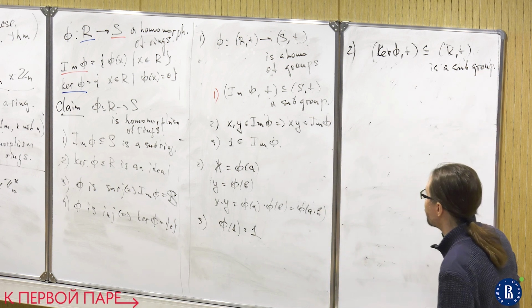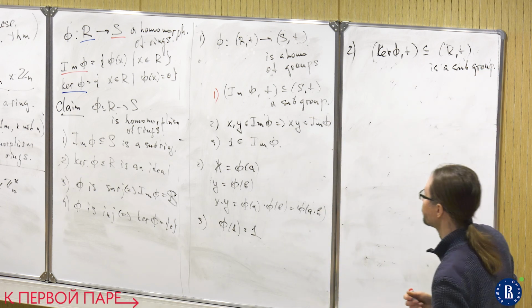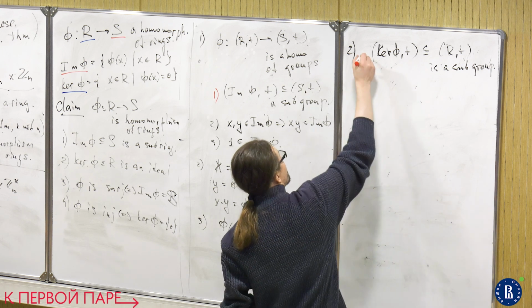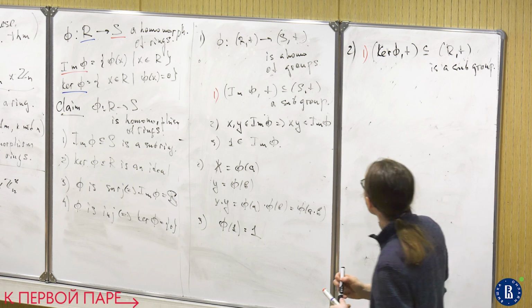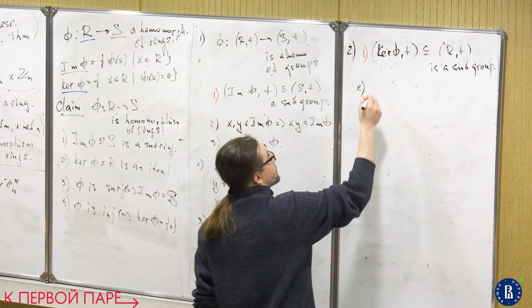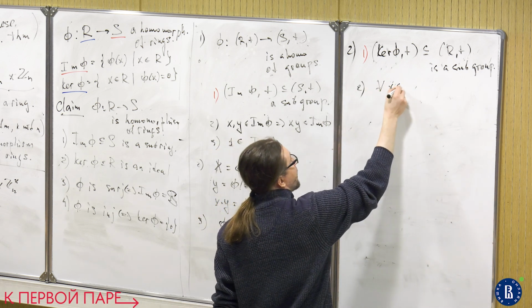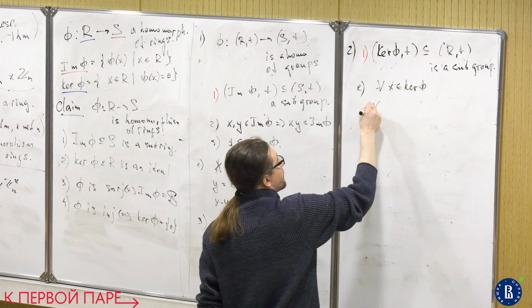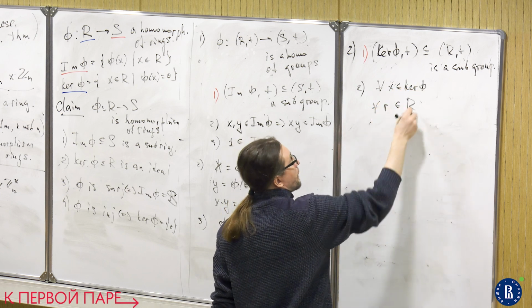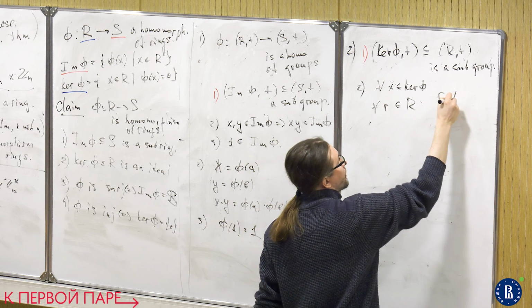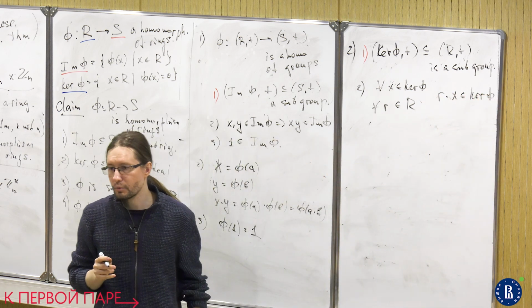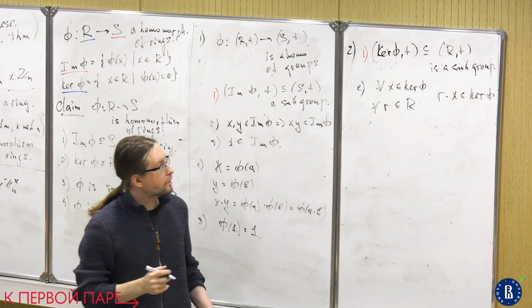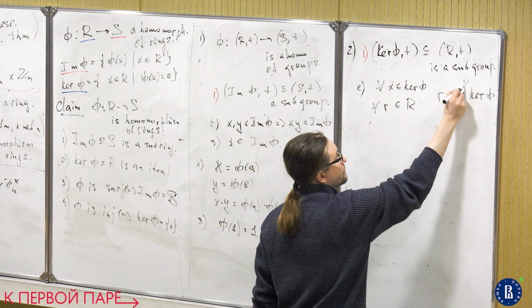And again, what should we check in order to show that the kernel is an ideal? First of all is this property, and we already have it. And the second property is that for every element x from the kernel of phi and every element r from capital R, R times x belongs to the kernel of phi. This is what we need. Okay, but how do you check this?